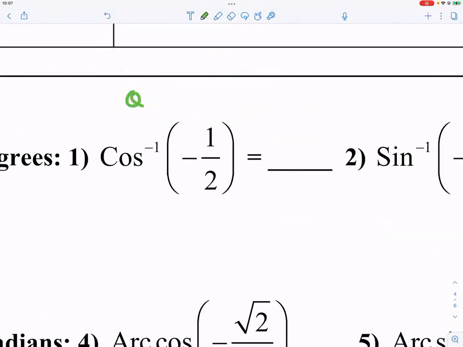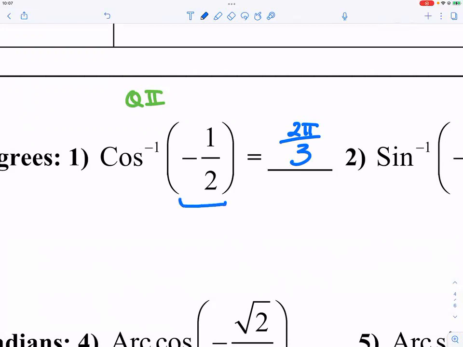What quadrant would it be? This must be quadrant 2. So kind of give yourself a little guidance so that you know what number you're going to write. So quadrant 2, so inverse cosine of -1/2 would give you a value of 2 pi over 3.